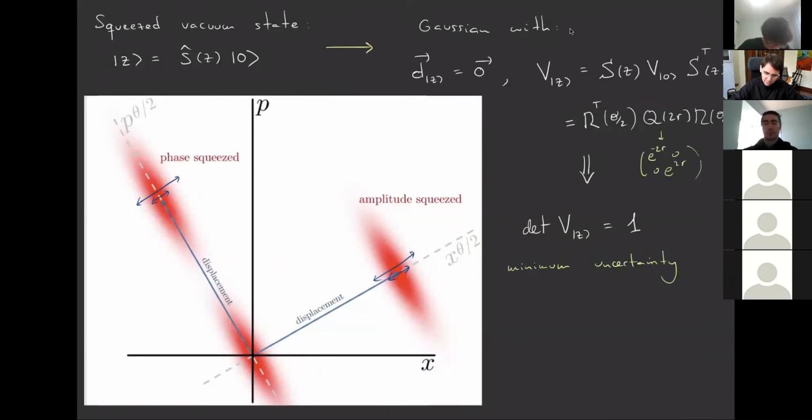So then let me say one last thing about squeezed states, which is related to the Fock state representation. So the Fock state representation of the squeezed vacuum state, I will write it. I will not prove it here, but you have it in the notes as well.